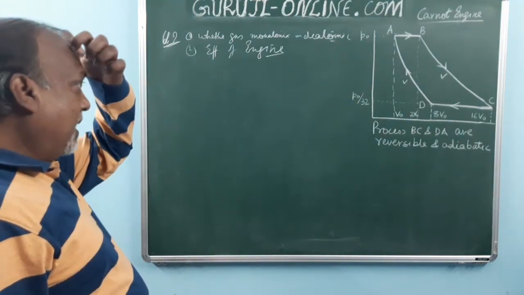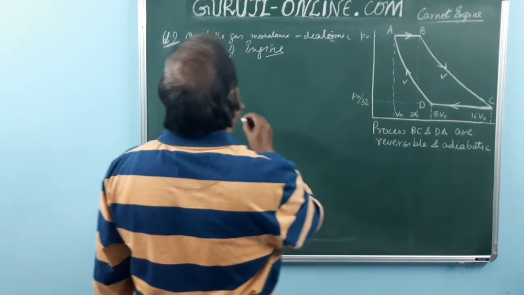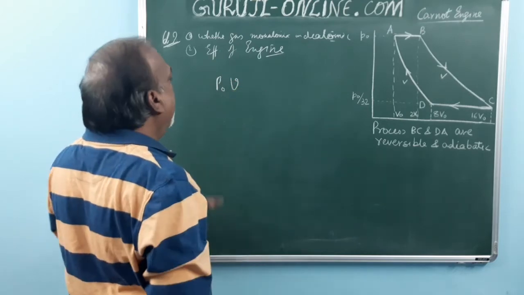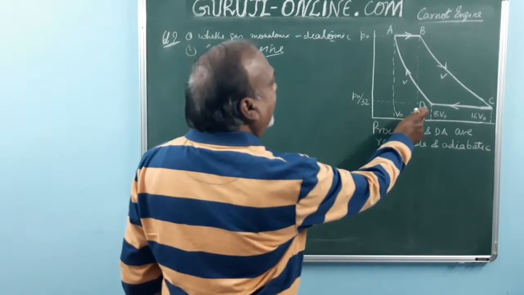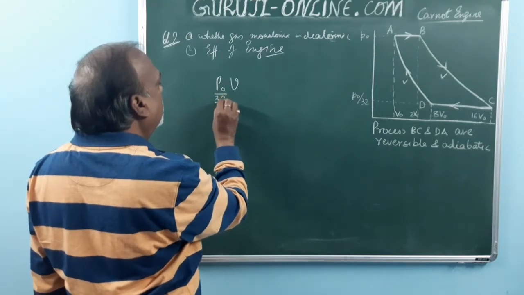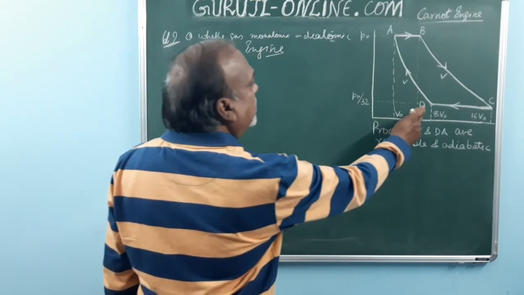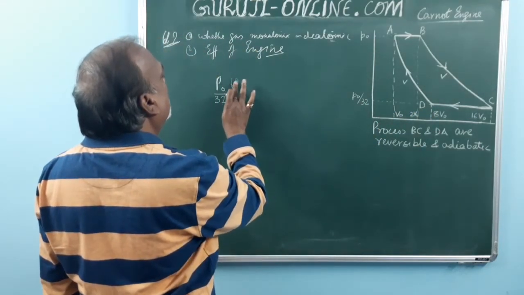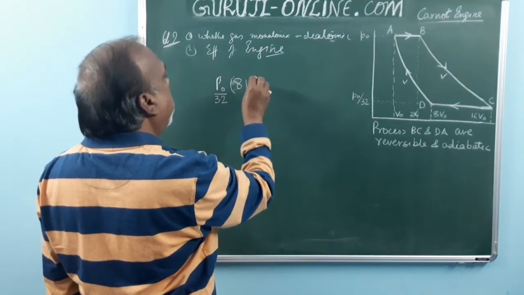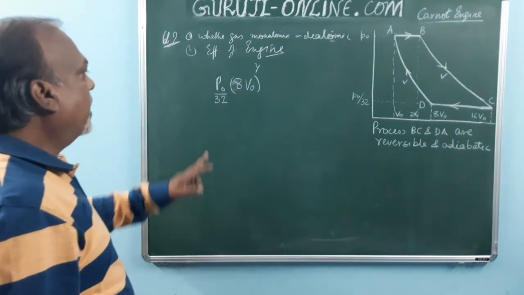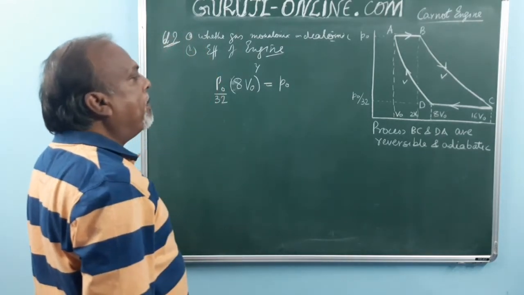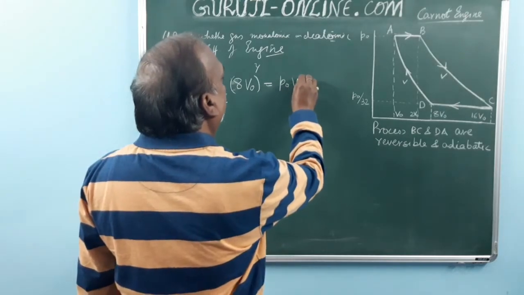So these are two adiabatic processes, so the variation will be between D and A. For D, it is P0 divided by 32 and V0 here is 8 V0, and that must be equal to, for A, P0 and V0.